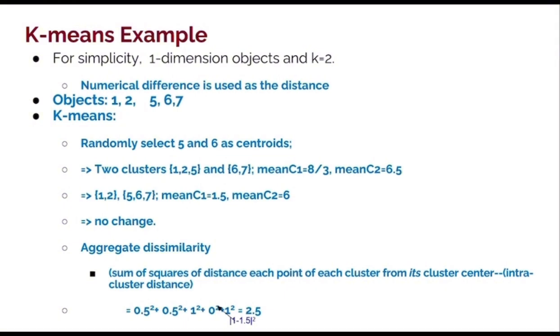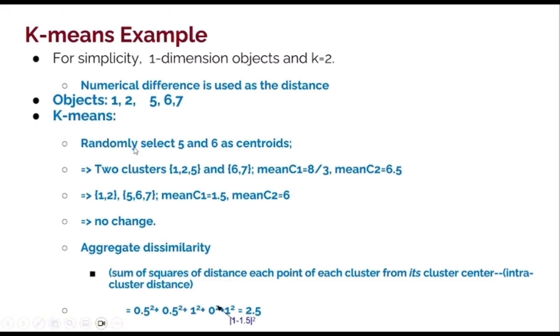I want to see manually if I have one-dimension objects, and I want to group them into two. The objects that I have are 1, 2, 5, 6, 7, and I want to group them into two.